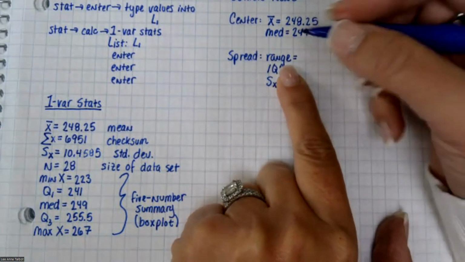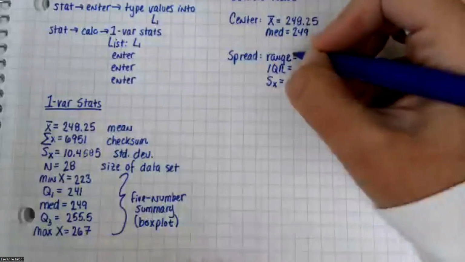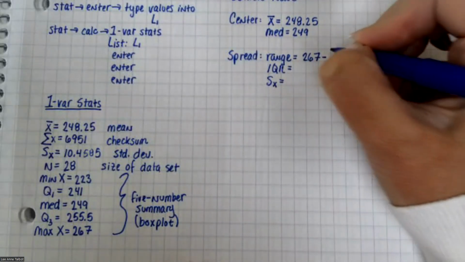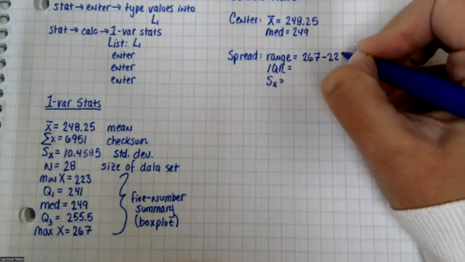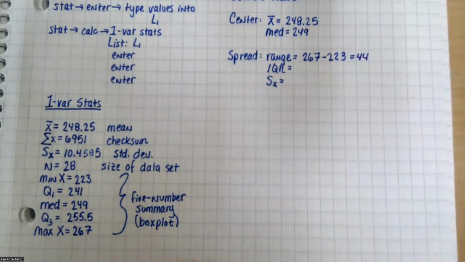Okay, range is max minus min. So 267 minus 223, 44.